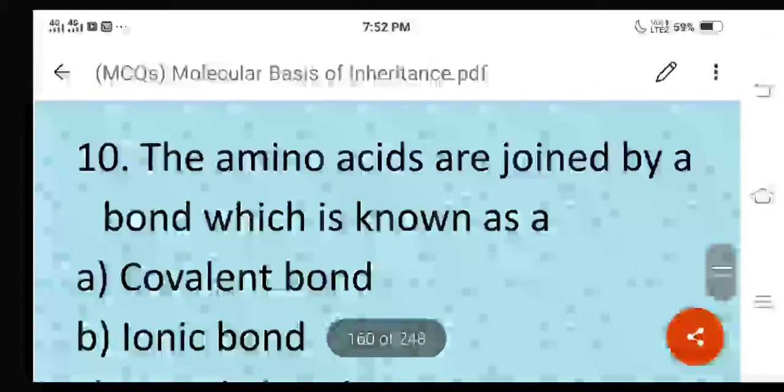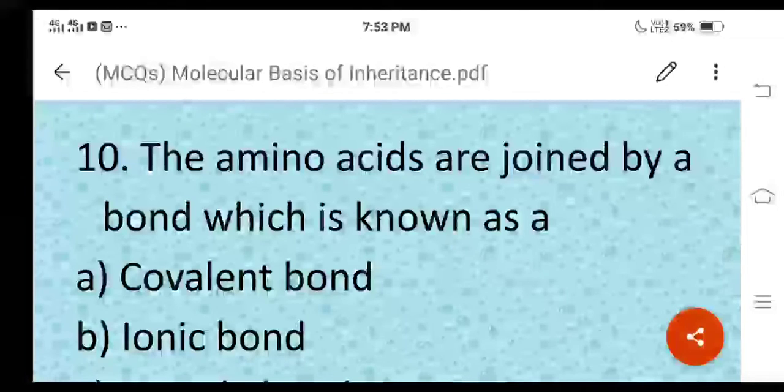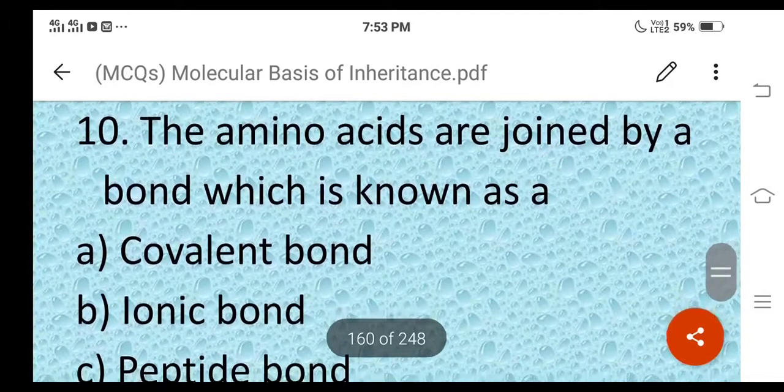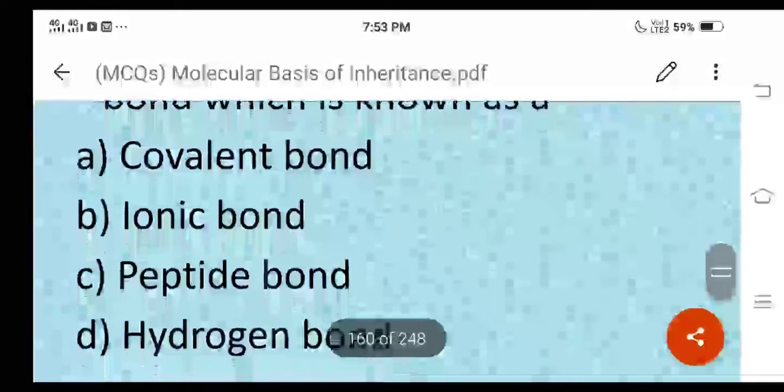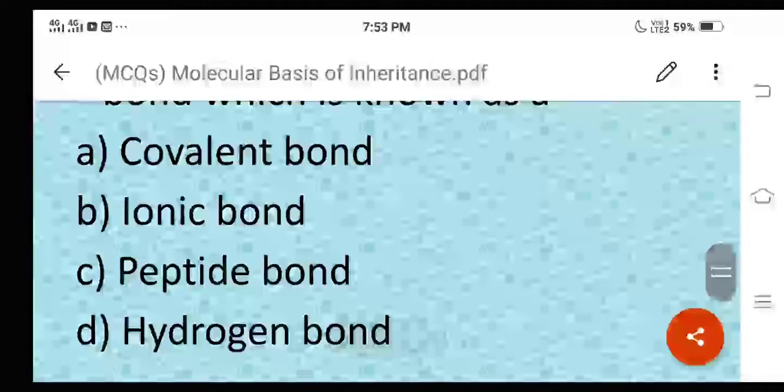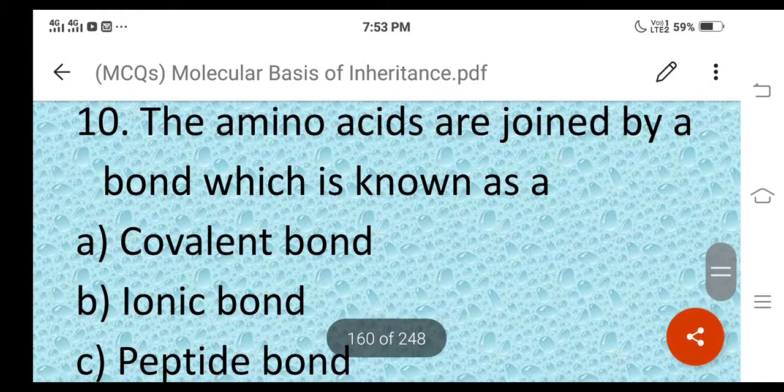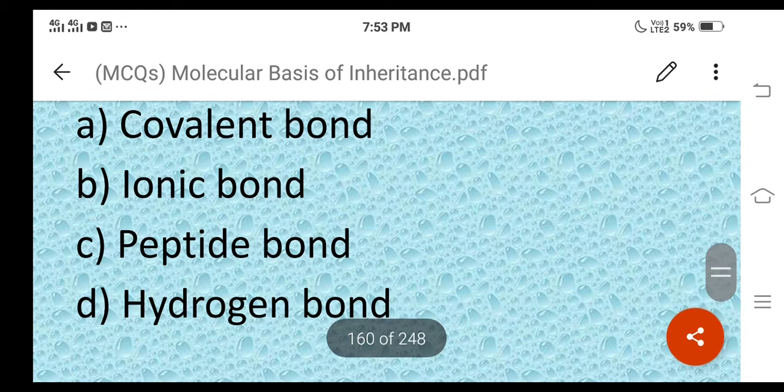Question number 10. The amino acids are joined by a bond which is known as a covalent bond, then ionic bond, peptide bond, then hydrogen bond. Here you can easily identify the answer.